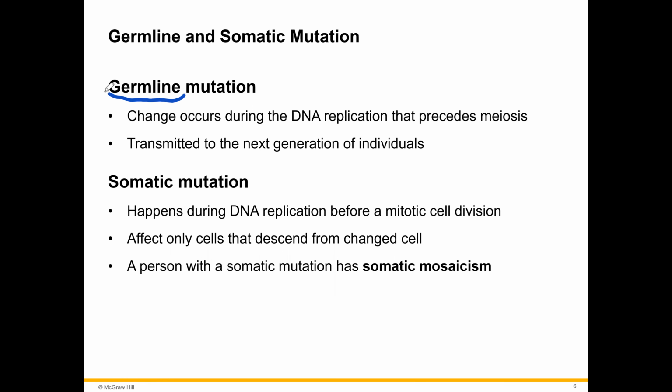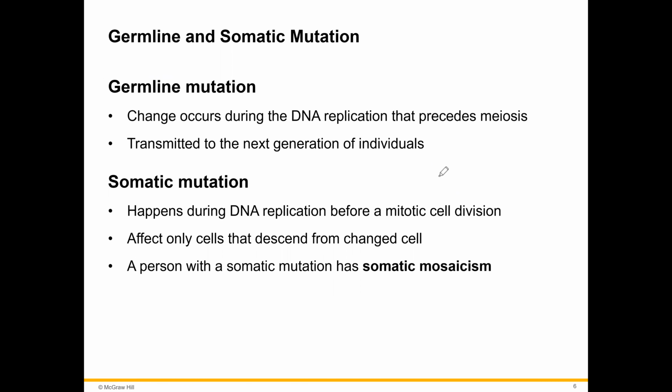So if we have, for example, a mutation in an egg or a sperm, and this egg or sperm is used in fertilization, then all the cells of the organism that arise from the cells that had the mutation will have it.